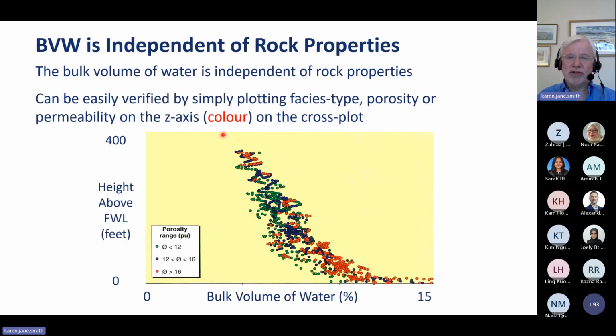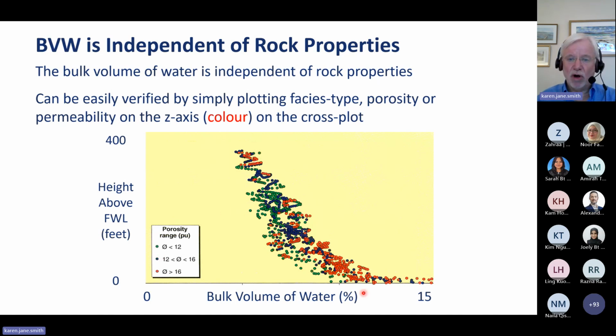So the bulk volume of water is independent of rock properties. Now, if you tell that to sedimentologists, they just won't believe you. So to prove it, the petrophysicists use a very powerful technique, and it's called a cross plot, as shown here.